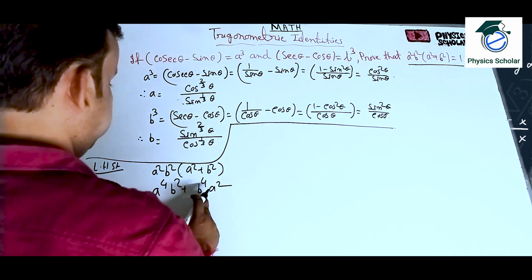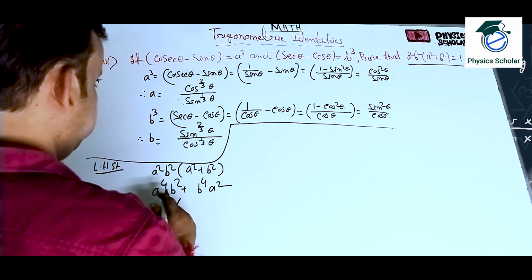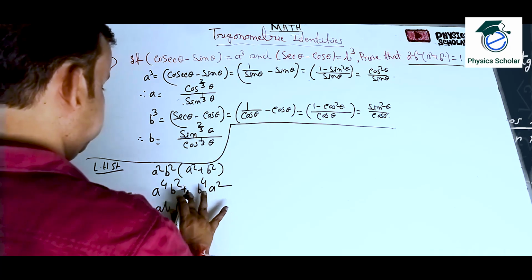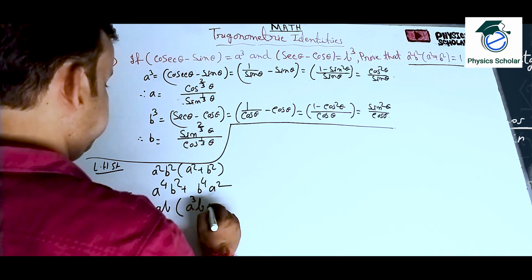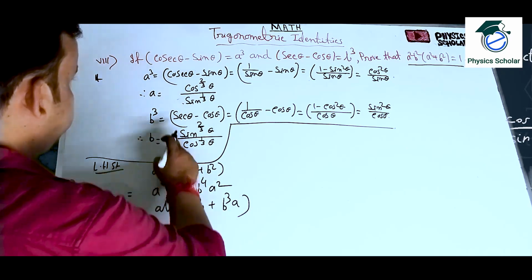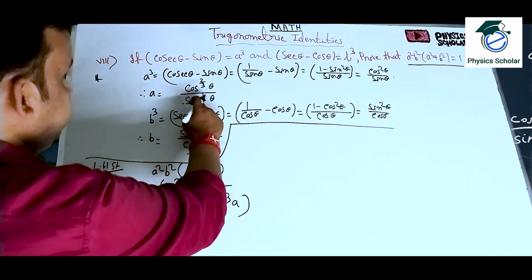Now let us take ab common. So it is ab (a³ b + b³ a). Why have I taken ab common? Because a, b, a cube b and b cube a values we already know.